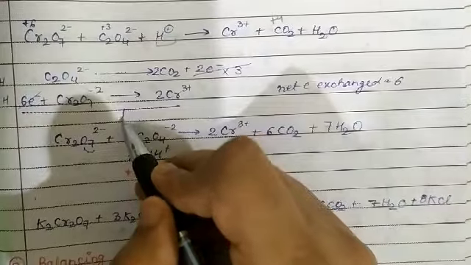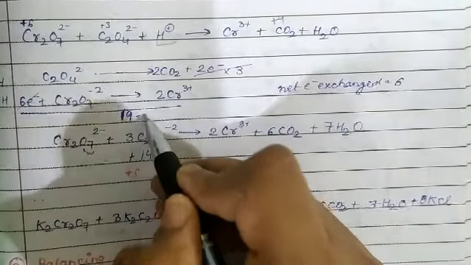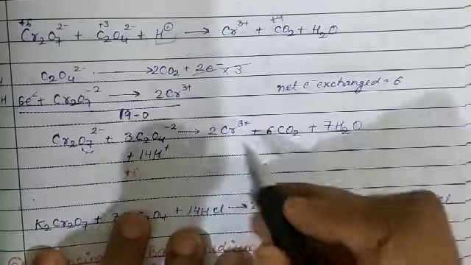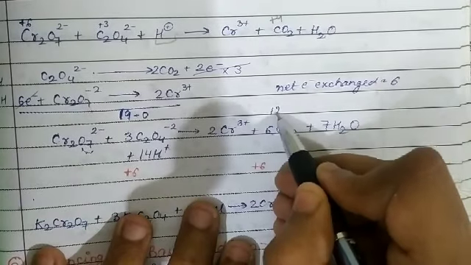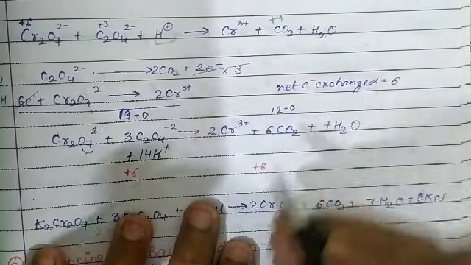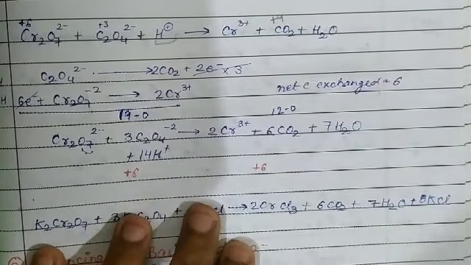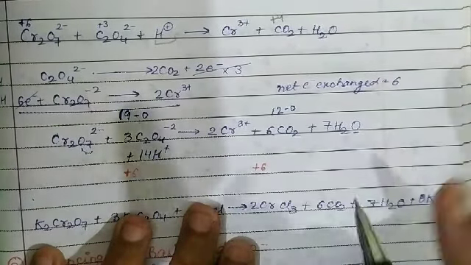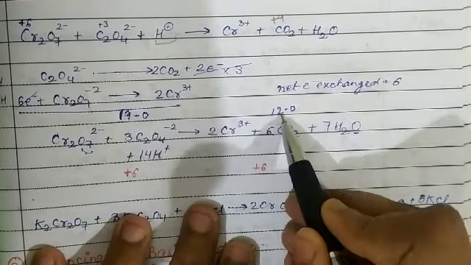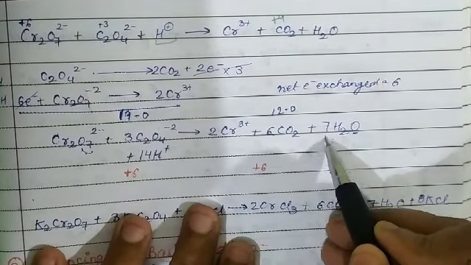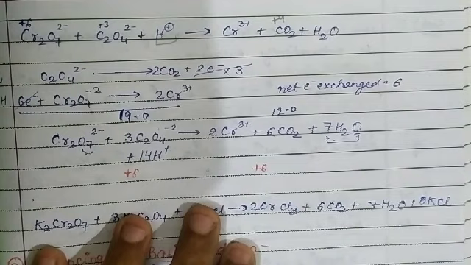On the right hand side, 6 times 2 is 12, so only 12 oxygen atoms are on the right hand side. So there is a deficiency of 7 oxygen atoms, and 1 water molecule contains 1 oxygen atom. Therefore 12 plus 7 is 19, so 7 water molecules are added.